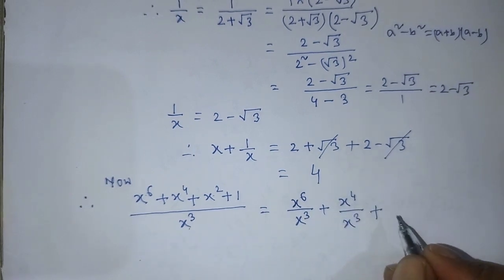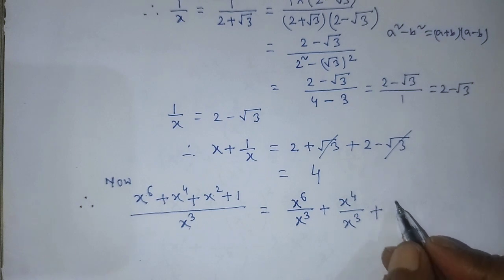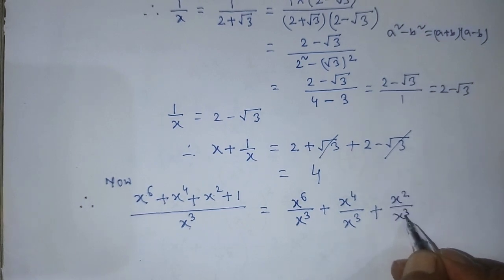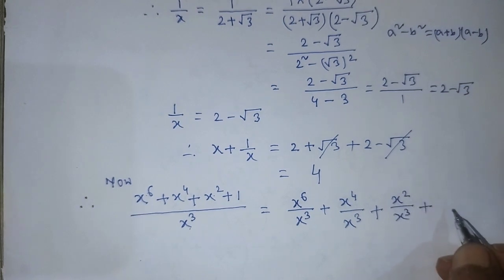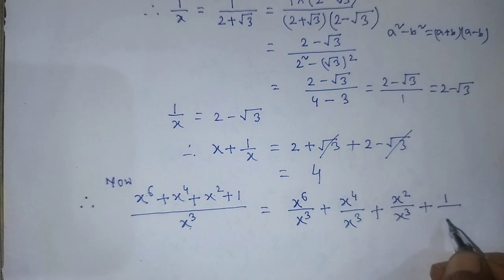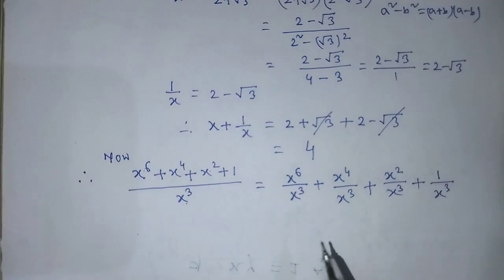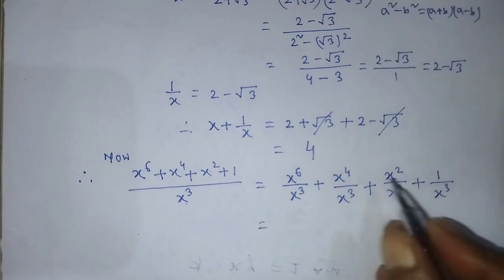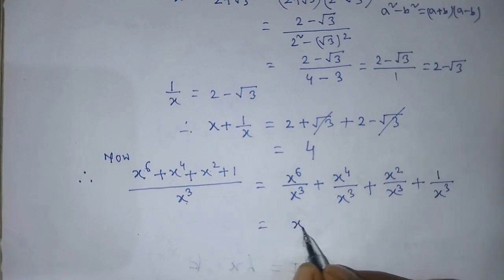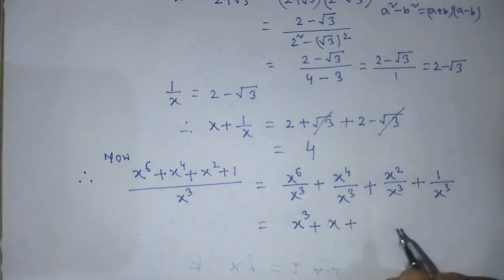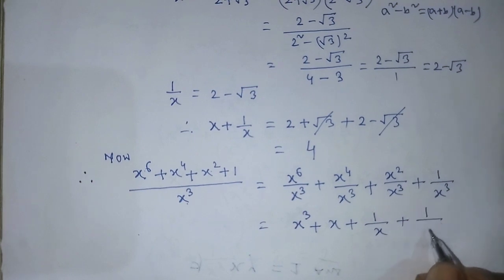In the place of the third term we can write x to the power 2 over x to the power 3, plus, in the place of the fourth term, we can write 1 over x to the power 3. After that we can write x to the power 3 plus x plus 1 over x plus 1 over x to the power 3.